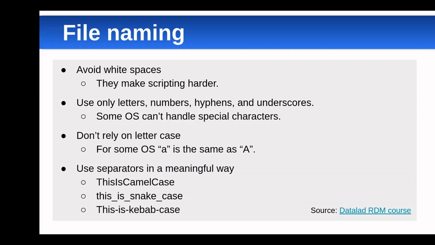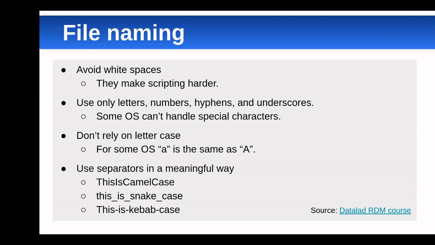Try to stick to only using letters, numbers, hyphens, and underscores for your file names, because some operating systems don't handle other characters well. And also, if you're going to have to write those wonderful things called regular expressions and you have special characters in the middle, then you're in for a lot of fun times, usually not so fun, actually.